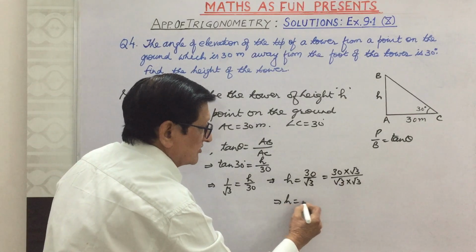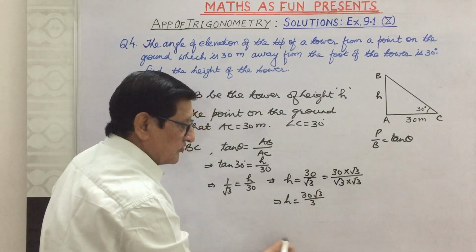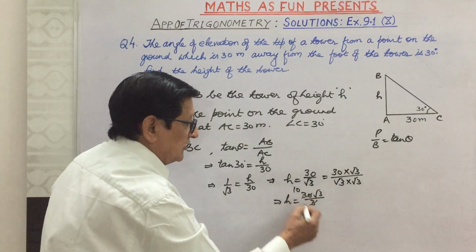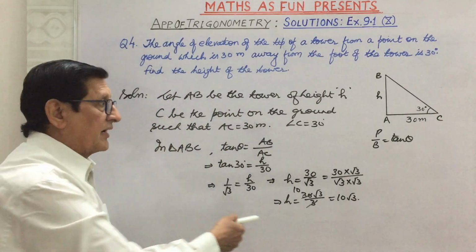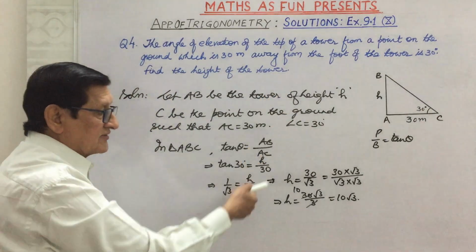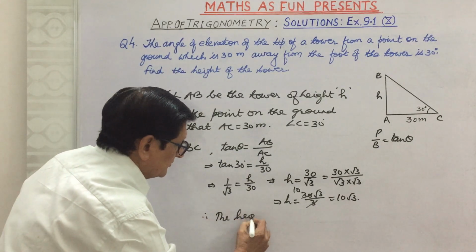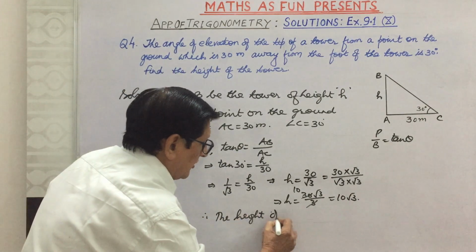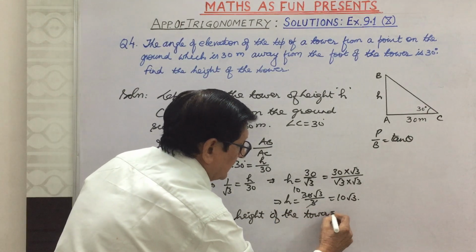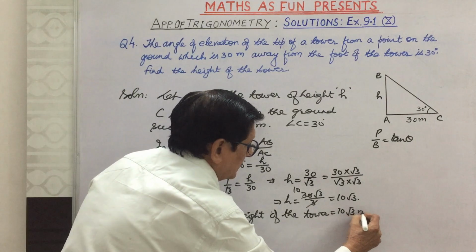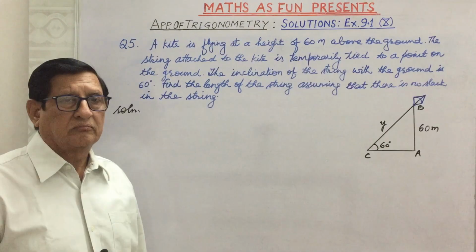So we get H is equal to 30 root 3 upon 3. 3 cancels this 10 times. So we are getting 10 root 3. Hence the height of the tower is 10 root 3 meters. This is the answer to the problem.